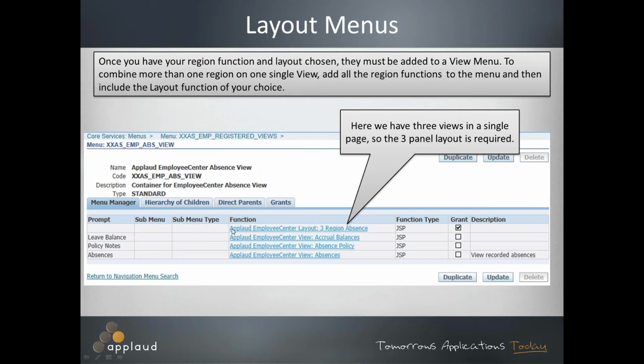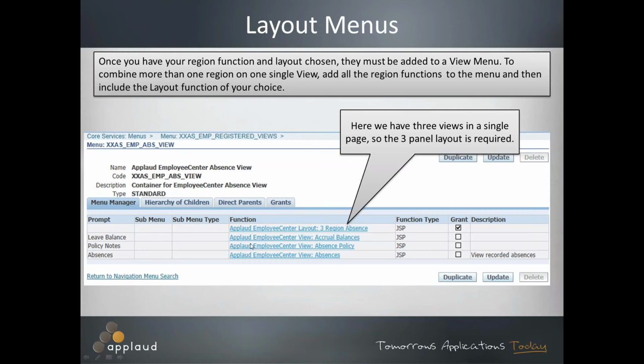So if you do a search for all functions and you look at Applaud EmployeeCenter layout %, you'll find all the different options there are. These are also in a particular menu all in one place, so you can review all the different options you have. But usually you would look at the ones that we ship and you choose one that's similar to the ones that we've shipped out of the box and copy that. So when you're defining a new layout menu, the first thing you need to do is take this layout function to tell EmployeeCenter how many panels are going to be on the screen.